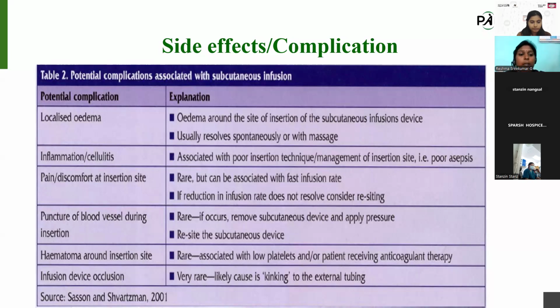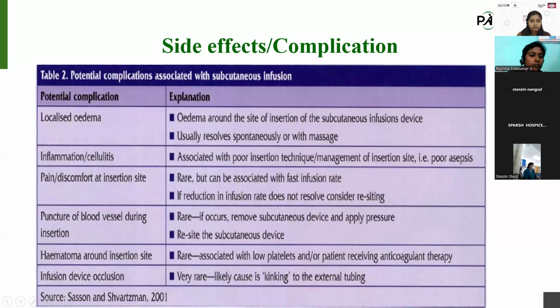Pain and discomfort at the insertion site is another potential complication. It is very rare, but can be associated with a fast infusion rate. We know we can only give 1 ml or 20 drops in a minute. If we give more than that, the patient may experience pain and discomfort.